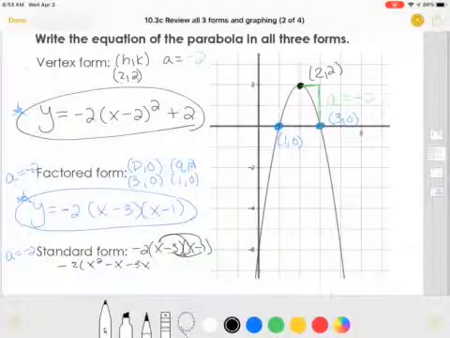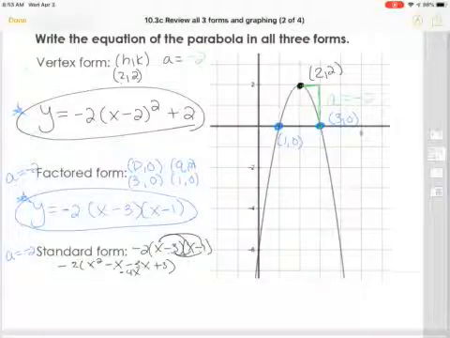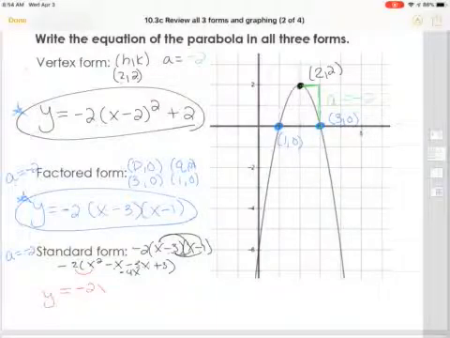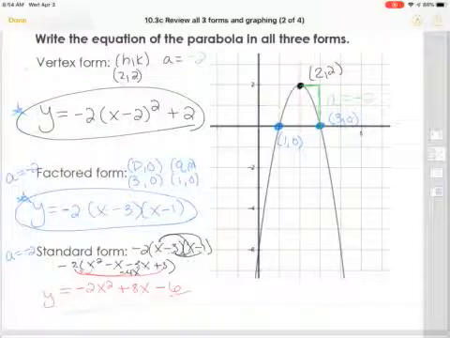Negative 3 times negative 1 is positive 3. Negative x minus 3x is negative 4x. And then last but not least, we just have to distribute that negative 2. Negative 2 times x squared is negative 2x squared. Negative 2 times negative 4x is positive 8x. Negative 2 times positive 3 is negative 6.